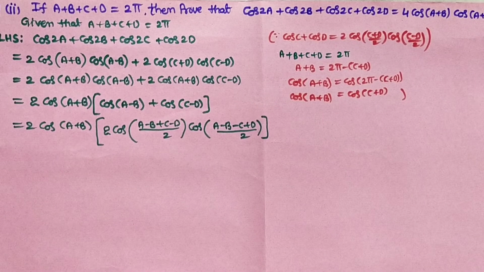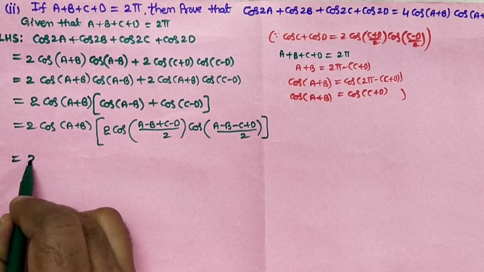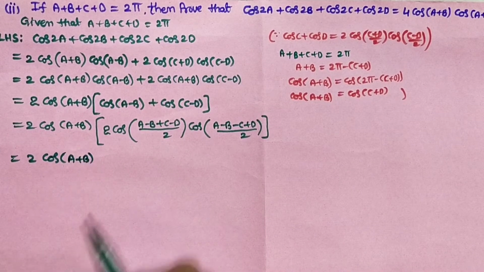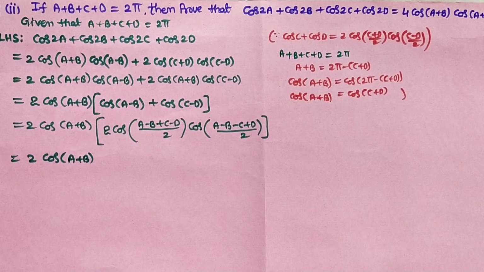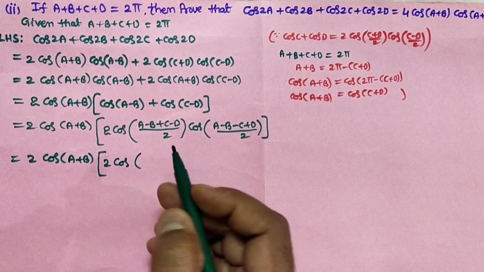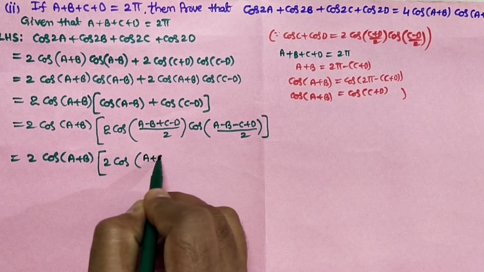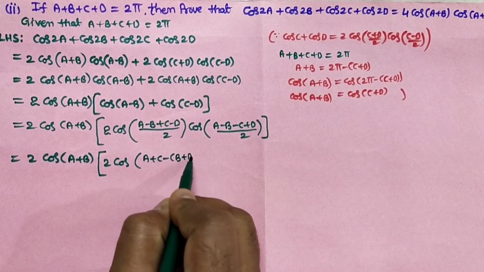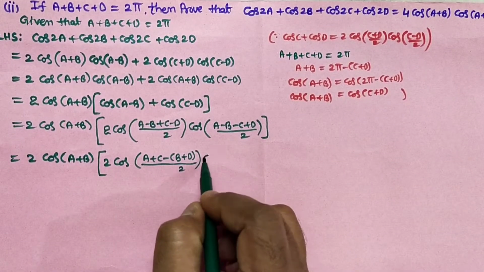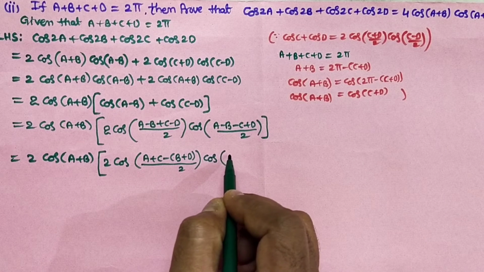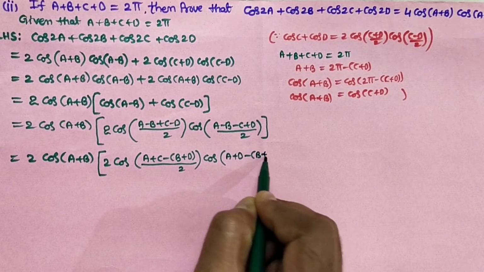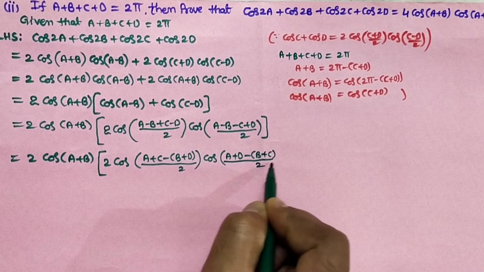After that, 2 into cos of (A plus B) into 2 into cos of (A plus C minus (B plus D)) divided by 2 into cos of (A plus D minus (B plus C)) divided by 2.